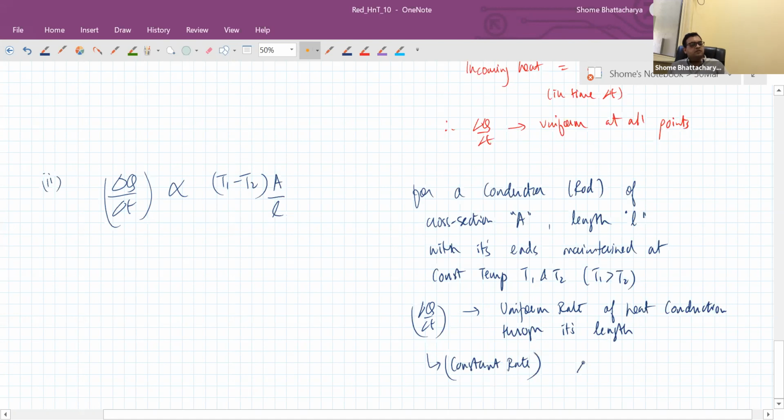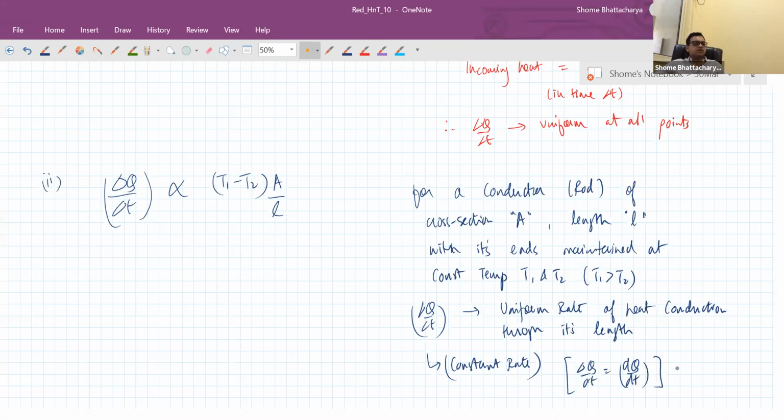So that's why delta Q by delta T is equal to dQ by dt, as long as we are maintaining the two ends at constant temperatures T1 and T2. So not only is this uniform throughout every point in the rod, but it's also constant with respect to time. If we are maintaining T1 and T2 over a very long period of time, then at any point of time in between, the rate of heat conduction through the rod, as long as the rod has reached steady state, will be the same.